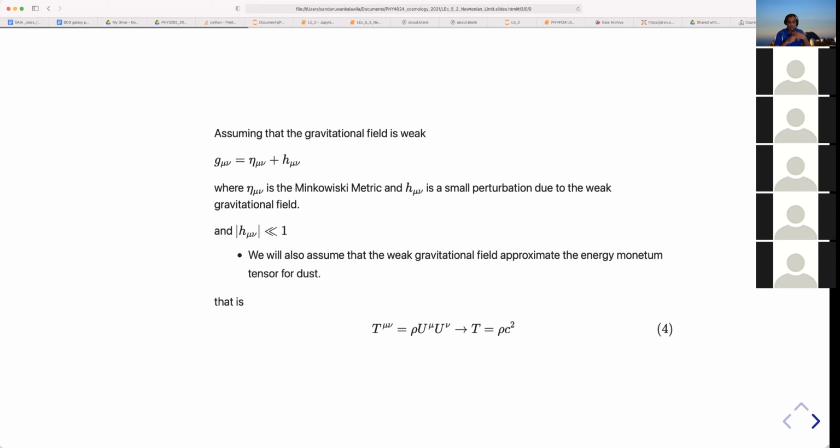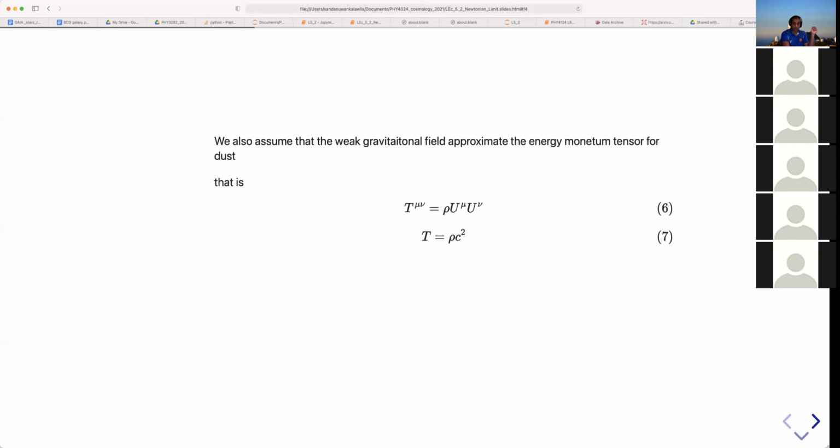So under these conditions, we assume that T_μν is given by ρ u_μ u_ν, but the actual component is only the first component, where T equals ρc². So we assume that the weak gravitational field approximates the energy momentum tensor for dust, with T_μν equal to ρ u_μ u_ν, and T equal to ρc².